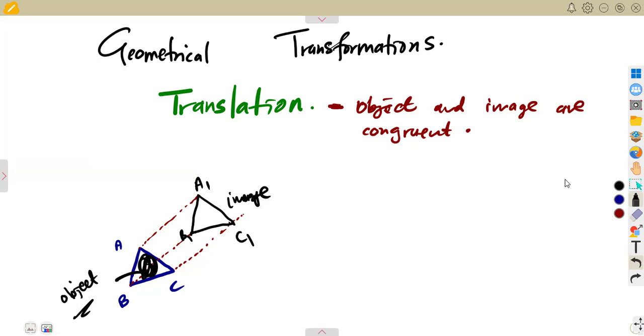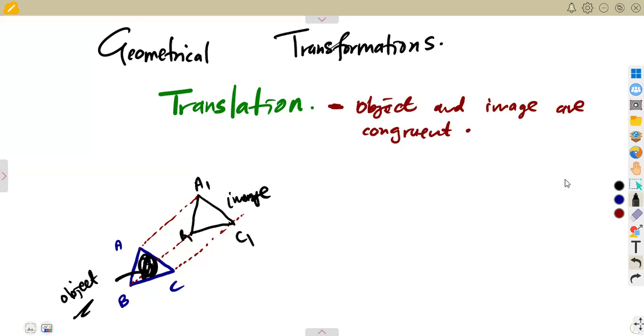So if the two triangles that are there are congruent, the first thing that we can conclude in our mind is that these are isometries. So it is going to be one of the isometries, which is the translation, the rotation, or the reflection.